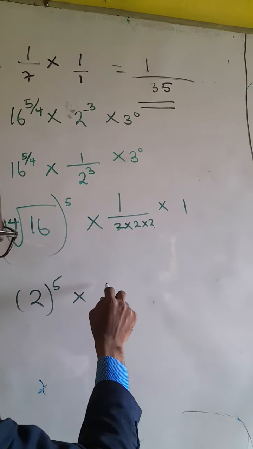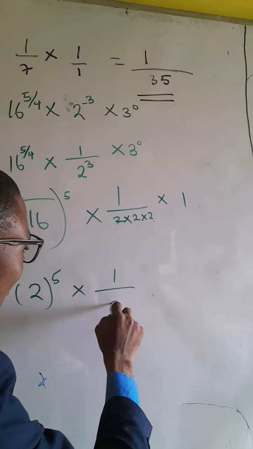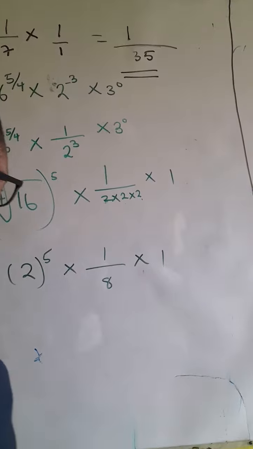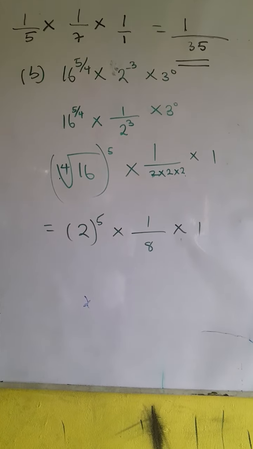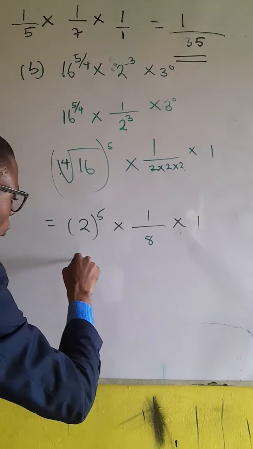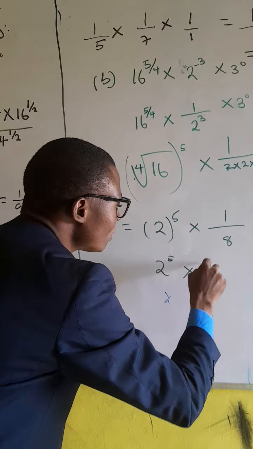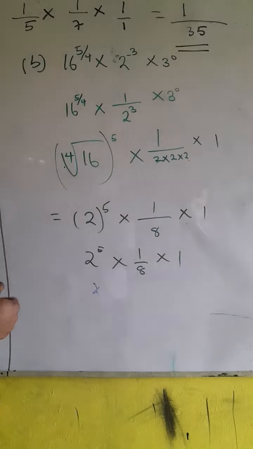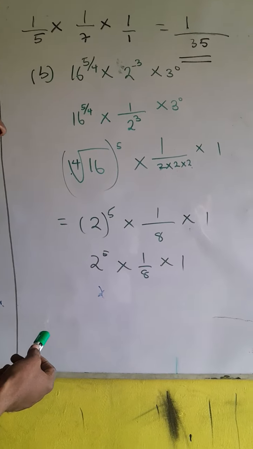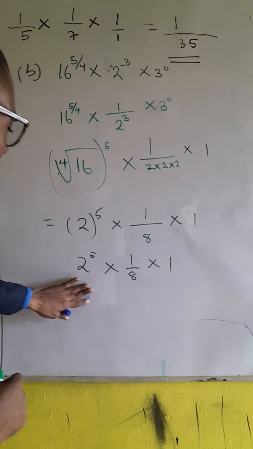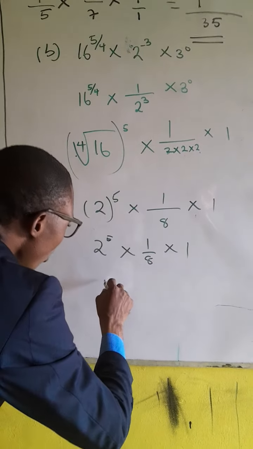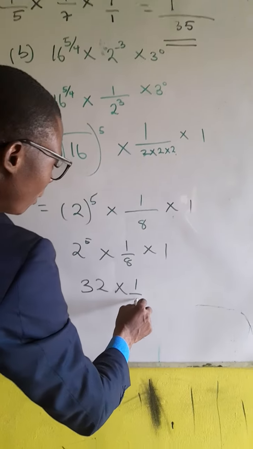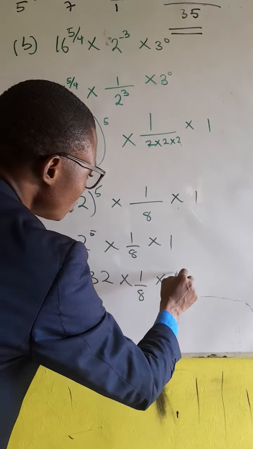Here will give us 1 all over 8 times 1. Now here is 2 raised to the power of 5 times 1 all over 8 times 1. If you multiply 2 into 5 places, it's going to give you 32. So here will be 32 times 1 divided by 8 times 1.